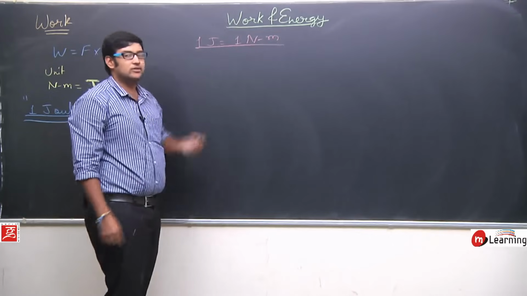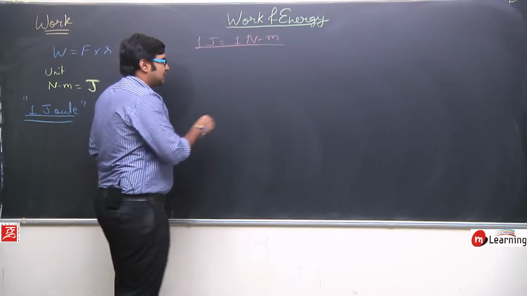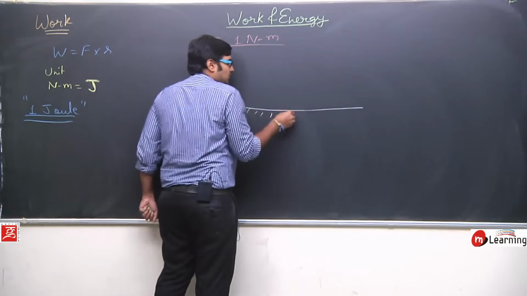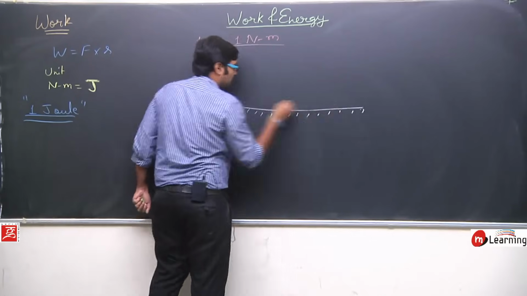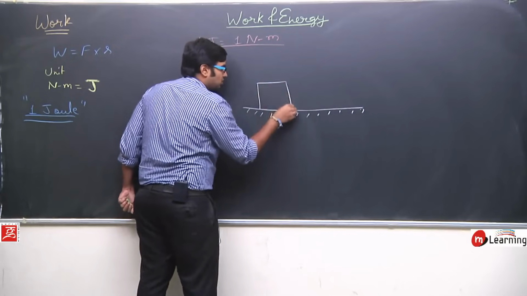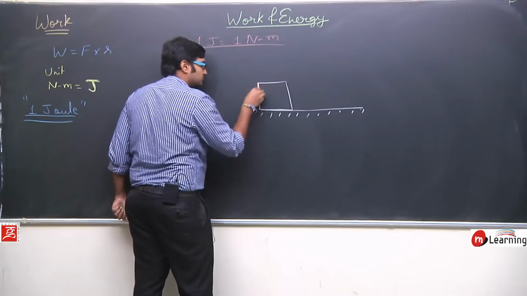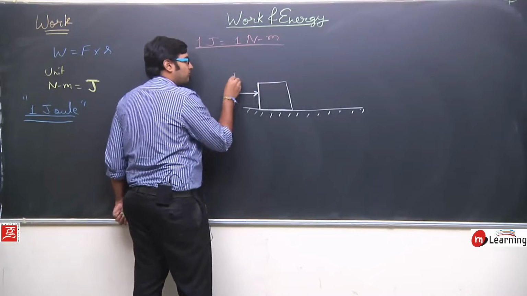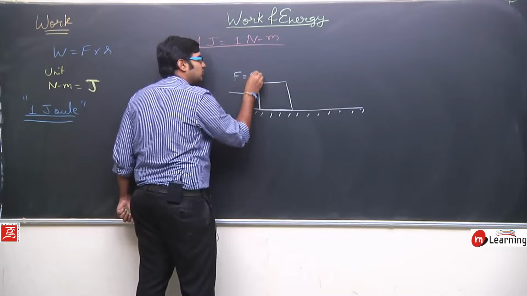Now what is 1 Newton meter? It represents that when on a surface, a block is pushed or pulled by a force of 1 Newton.